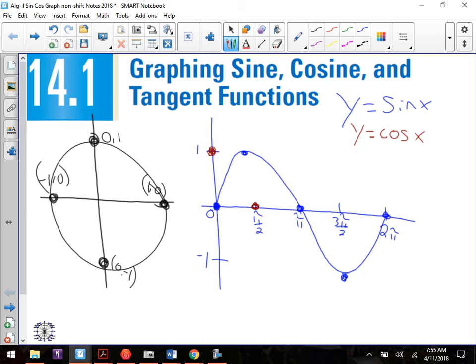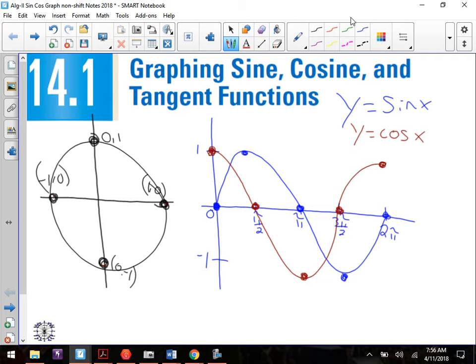The cosine at pi is -1. Cosine at 3 pi over 2 is back to 0. And once again, cosine at 2 pi is 1. So a graph of cosine, if you look at it, is the exact same thing as sine shifted 90 degrees.